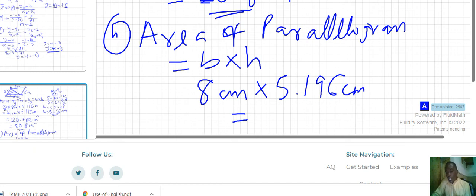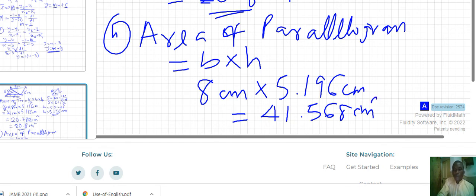So if we calculate these two things, 8 times 5.196, we are going to have 41.568 centimeter square.